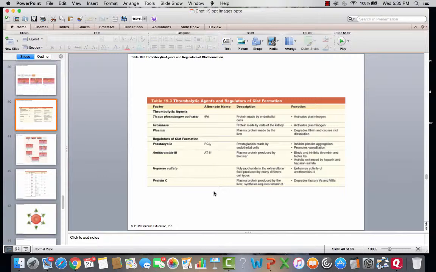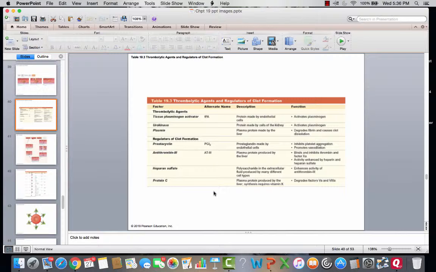And we see this table 19.3 on the bottom of 744. It also describes under disorders of clotting some of the different bleeding disorders that might be a result of deficiencies in certain proteins, or might result in deficiencies of proteins due to genetic factors. So they talk about hemophilia A and hemophilia B.